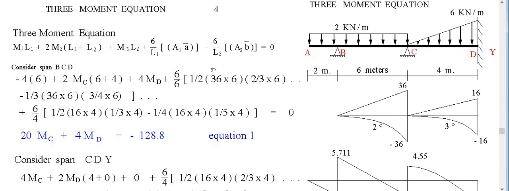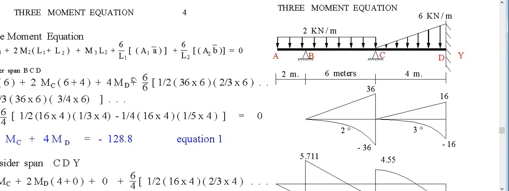Then twice the moment at C, times the sum of span 1 and span 2, 6 plus 4. Then this one is the moment at D times 4, where L2 is the right span.